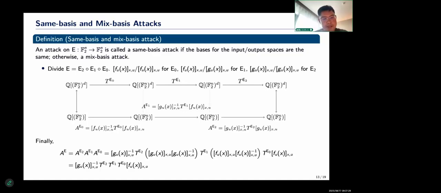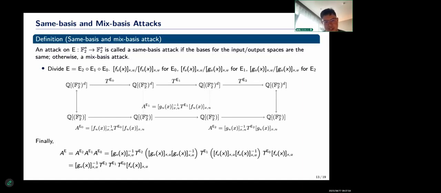According to whether we use different or the same bases for the input and output, we can divide the attacks into 2 kinds. The first one is called same basis, and the second one is called mixed basis. In previous Ben's papers, same basis attacks have been studied extensively. So our work is the mixed basis attack.